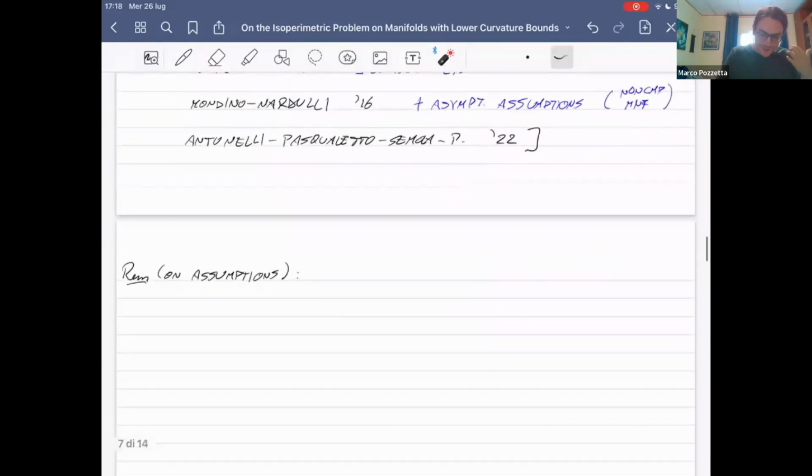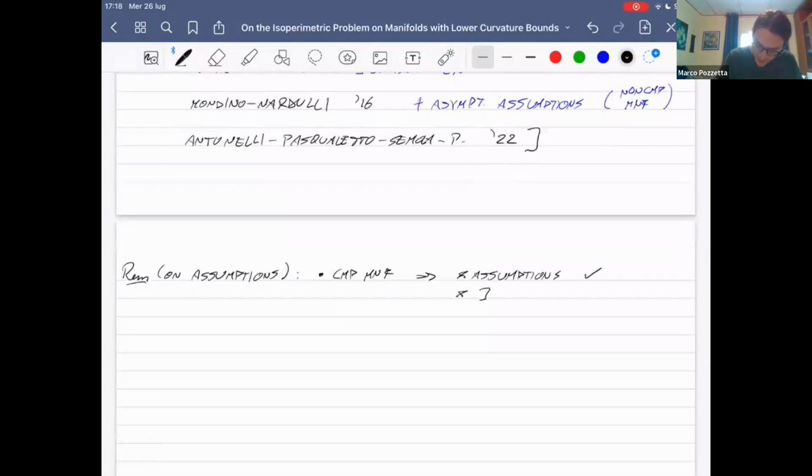So the first thing, if you have a compact manifold, not only the assumptions are satisfied, but also, as we discussed last time, you also have existence of isoperimetric sets for any admissible volume. This is true, while it is not true in the non-compact case, right?